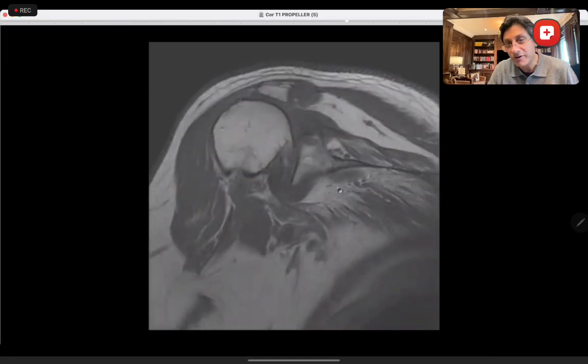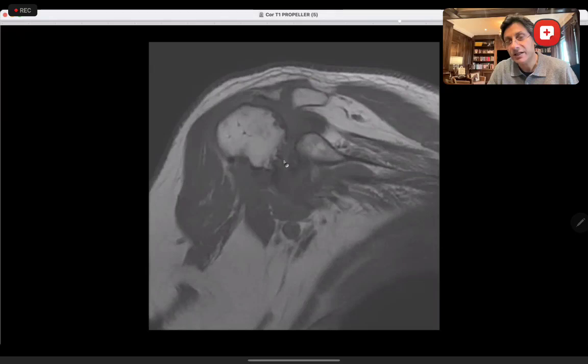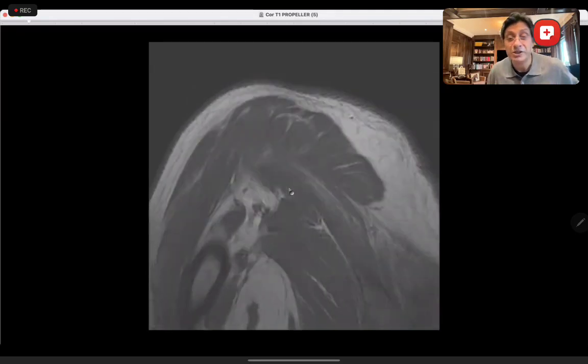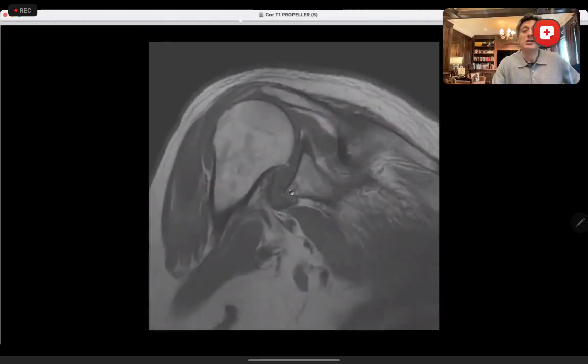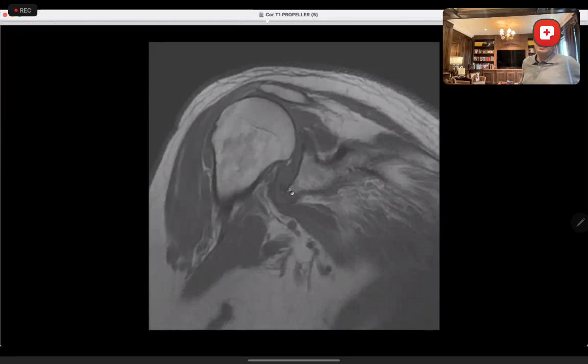This is the subscapularis, which has fatty atrophy. And that's where the torn tendon was. And this is the supraspinatus. In other words, all three muscles are atrophied. Supraspinatus worse, then the subscapularis, and then the infraspinatus. So all three tendons are torn. So that's how you read a shoulder MR scan.